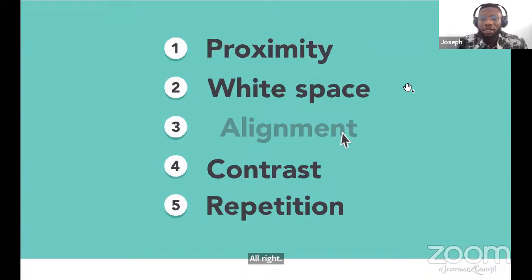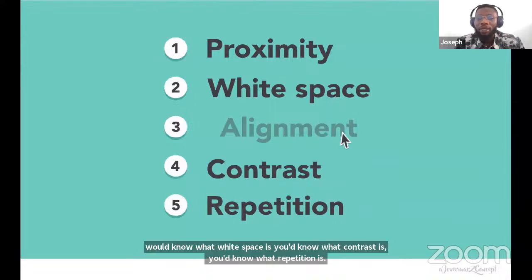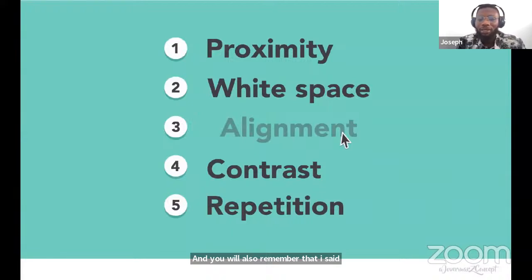White space, then alignment, followed by contrast and repetition. If you were here in the first class on Monday, you would know what white space is, what contrast is, and what repetition is. And you will also remember that I said some of these principles can appear in other places.